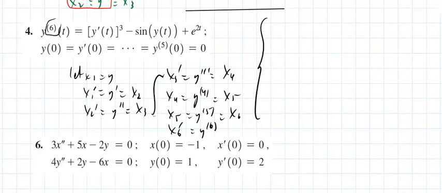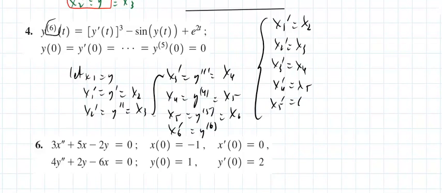So here I would say, well, let's see. In our case, we let x1 prime equal x2. And we let x2 prime equal x3, and x3 prime equal x4, and x4 prime equal x5, and x5 prime equal x6, and here comes x6 prime, let's see what that is.